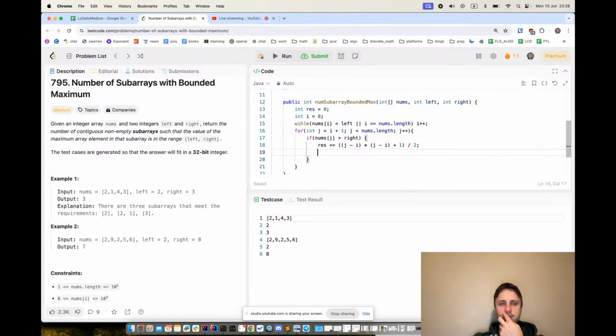And now, when I have calculated it, I should find the next leftmost element.